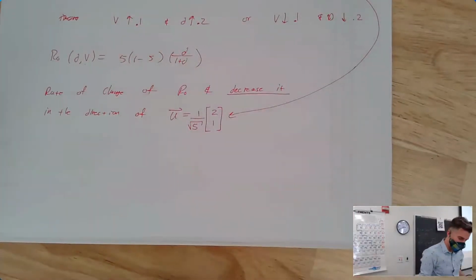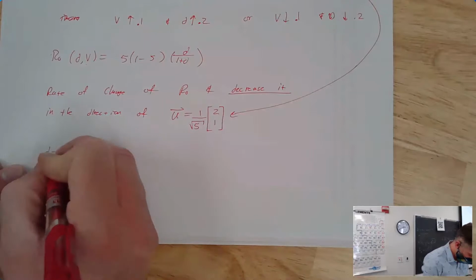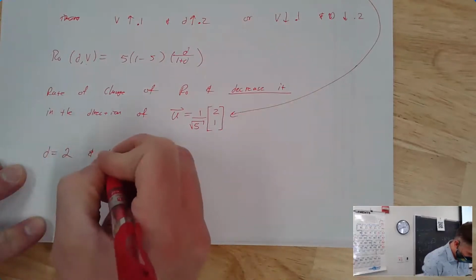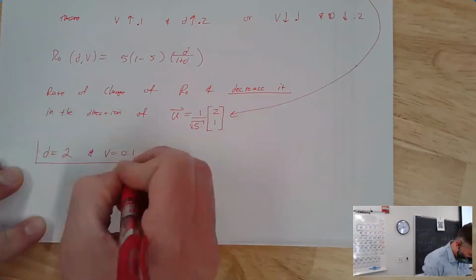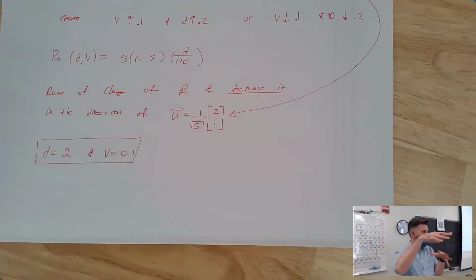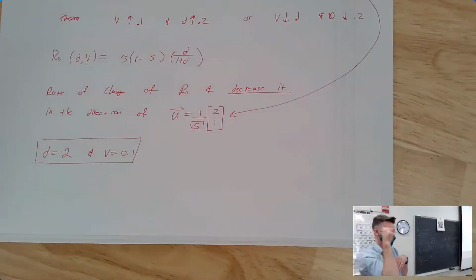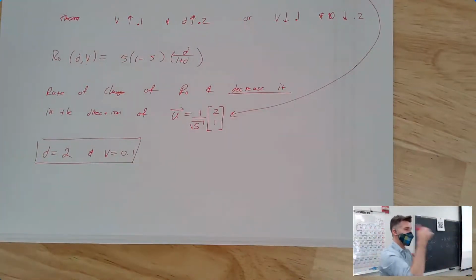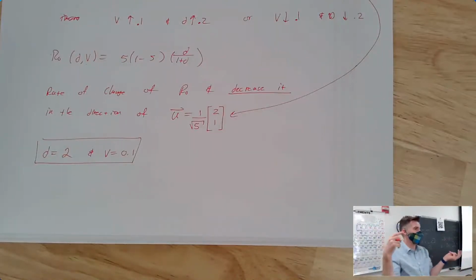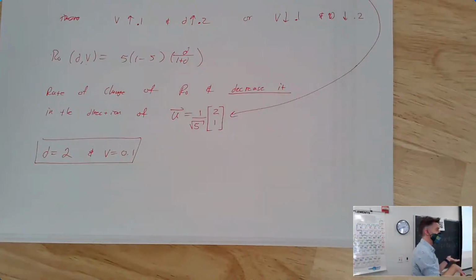The one we did before, where D was equal to 2 and V was equal to 0.1. So we're at some point on the surface and we would like to know if we go in this direction or the reverse direction, which of those directions is going to give us the biggest negative rate of change.